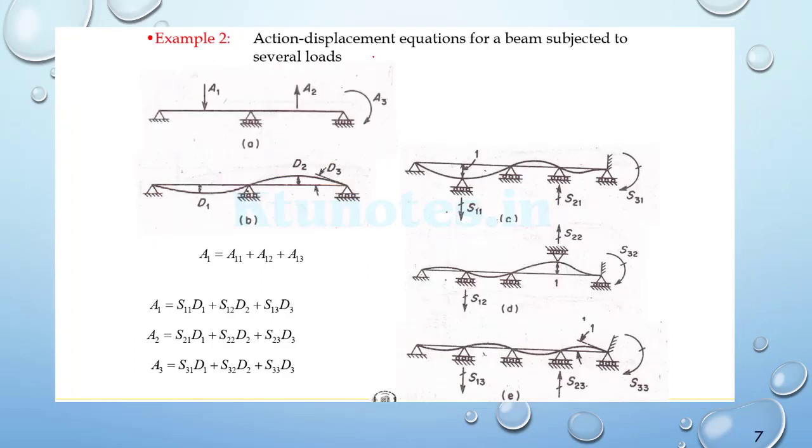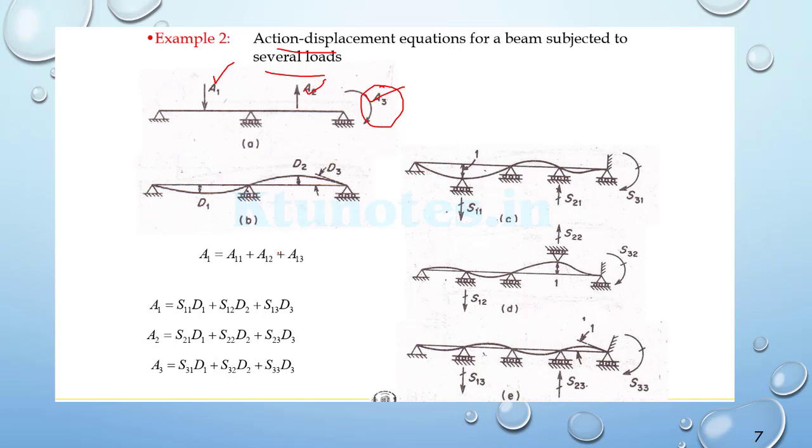The action displacement equations for a beam subjected to several loads. So here there is a continuous beam with A1, A2, A3 as the loading. We have previously discussed this case, so the deflection will be like this: D1, there will be an upward deflection, D3 due to the rotation A3.